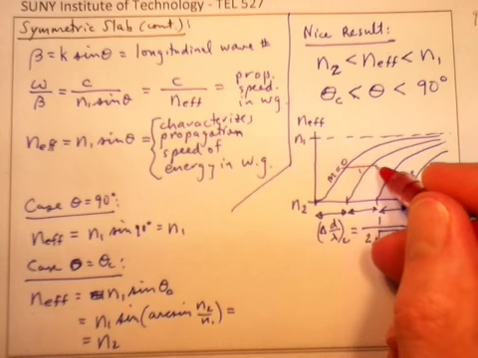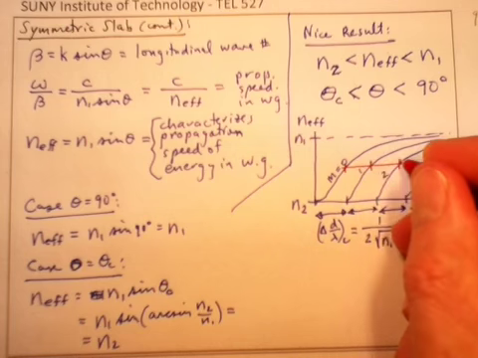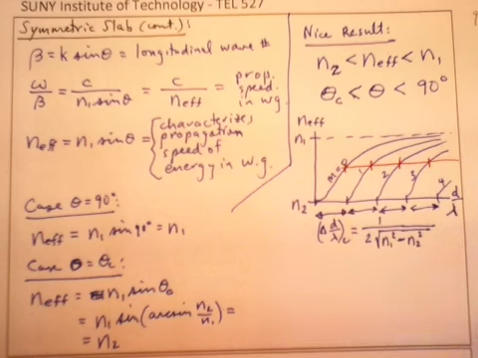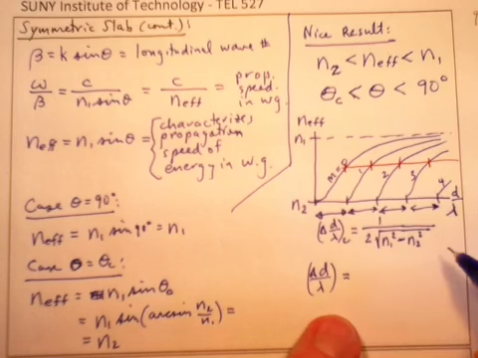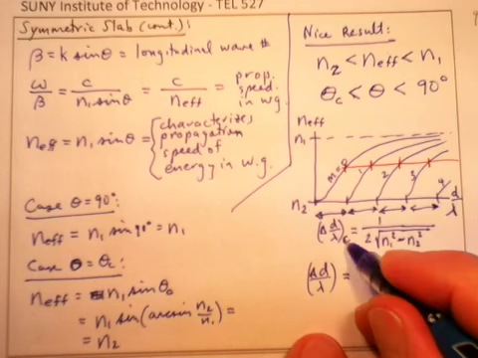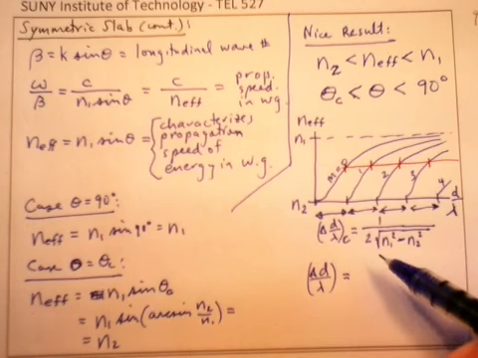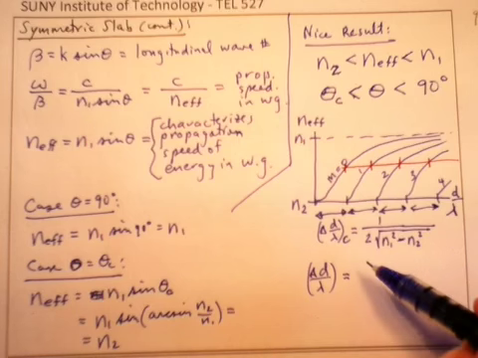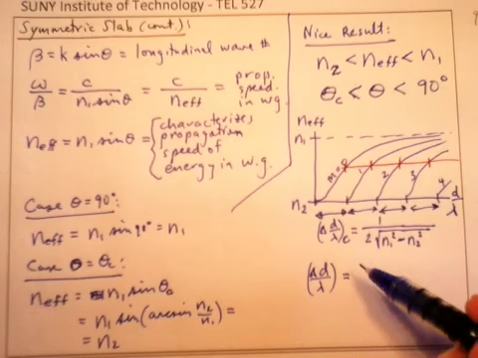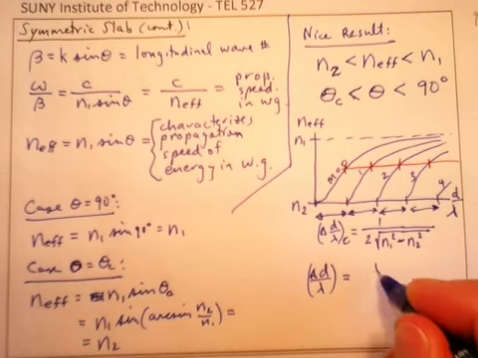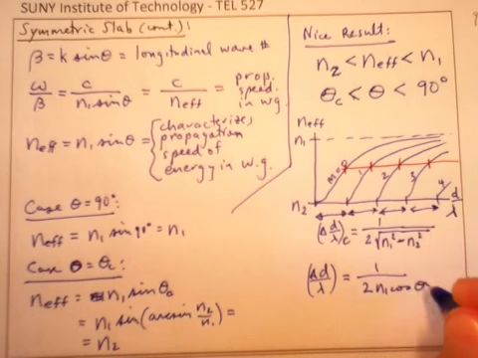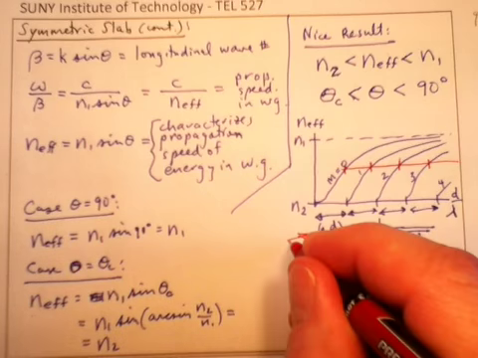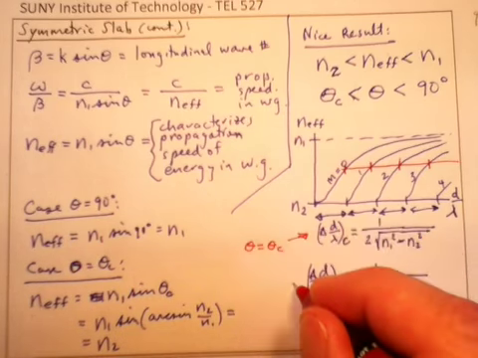This spacing, at any angle, not just at the critical angle, is given by 1 over 2 times n1 cosine theta. So this is for any theta.